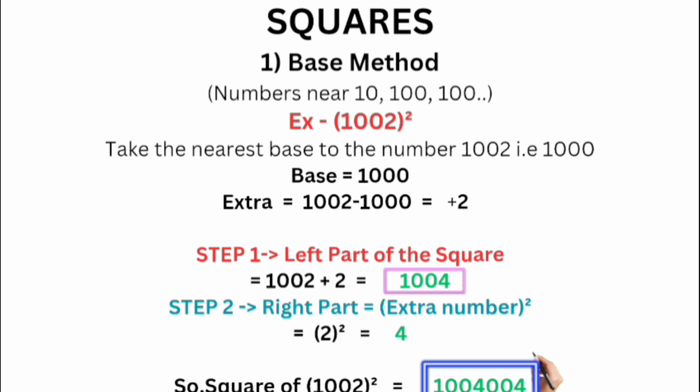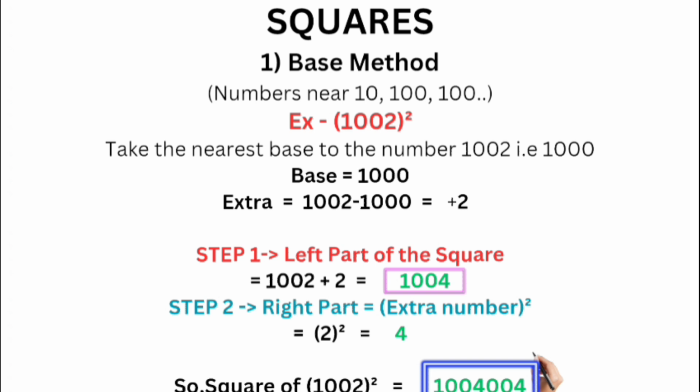Now as we know that the right part of the square should have the number of digits equal to the number of zeros in the base. Here the base is 1000, that is having 3 zeros, but the right part is having only one digit, that is 4. So to make the right part equal to the number of zeros in the base, we need to add 2 zeros before 4.